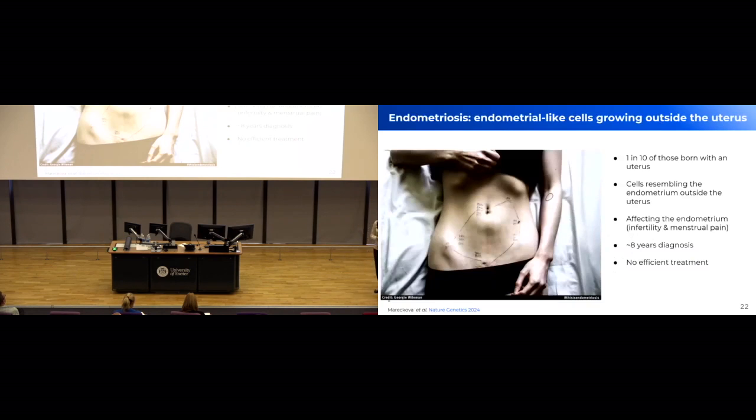Good, so we also wanted to look further at what happens in the context of disease, really considering all the cells that we have in the tissues. For that, we moved into endometriosis, which, as I mentioned before, is quite common, happening in 1 of 10 of those born with a uterus, and is characterized by the presence of cells resembling the endometrium but growing outside it.